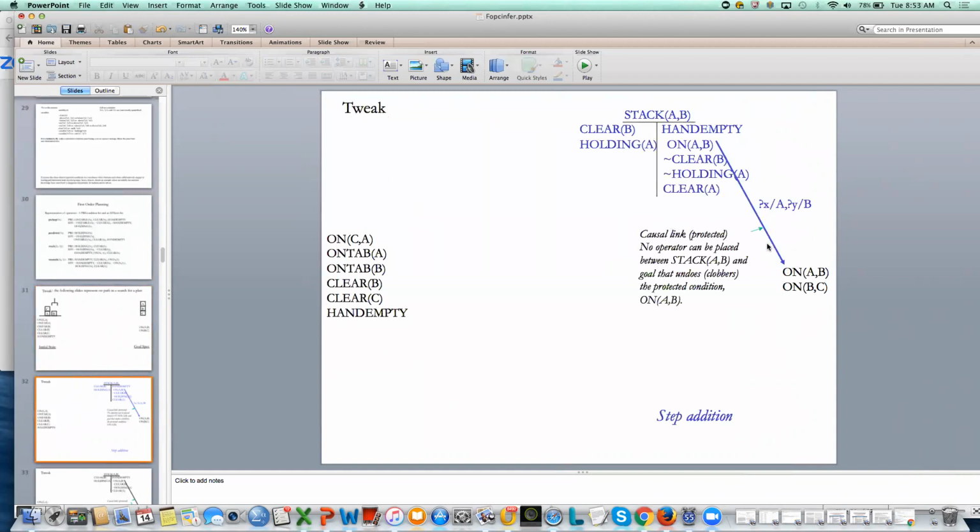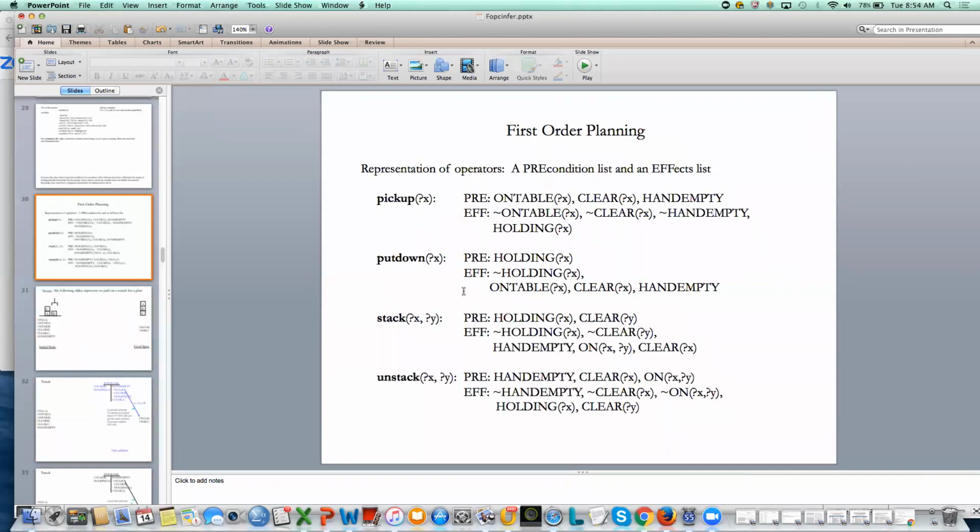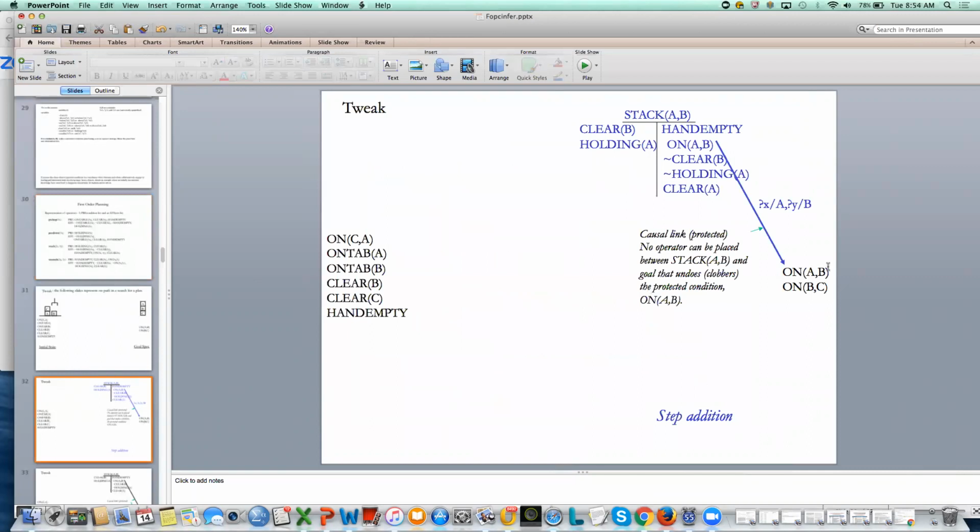If we take a look at the original operators, one way of achieving A on B is to apply stack A on B. Remember that there are no particular constants in there. So if you wanted to achieve this condition, you would look through the list of operators for those which had an effect which unified with what you wanted to achieve.